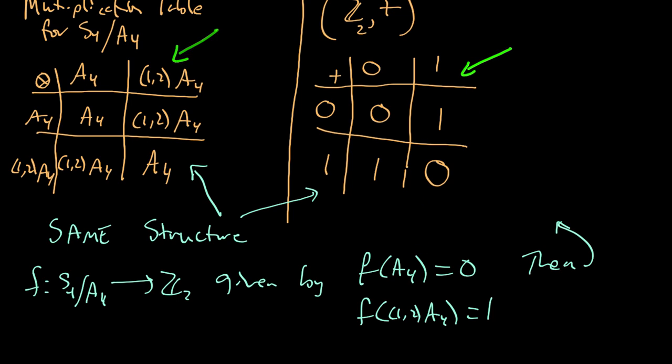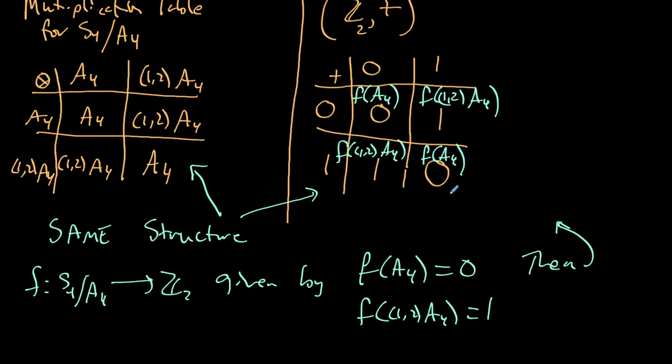And we can see that by simply writing on top of one of the tables. This 0 is f of A4. This 1 is f of (1 2) times A4. This one is f of (1 2) times A4, and this particular 0 is f of A4.